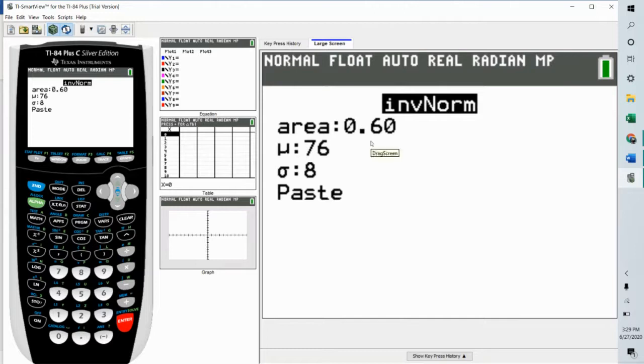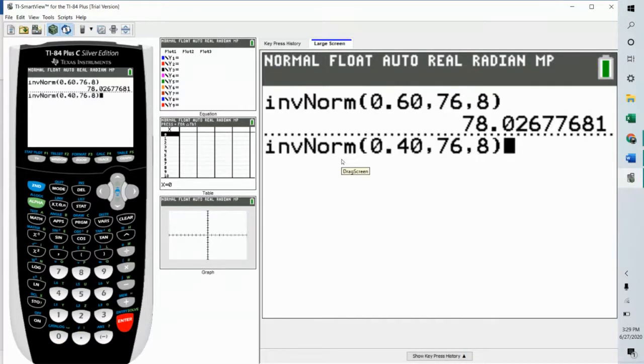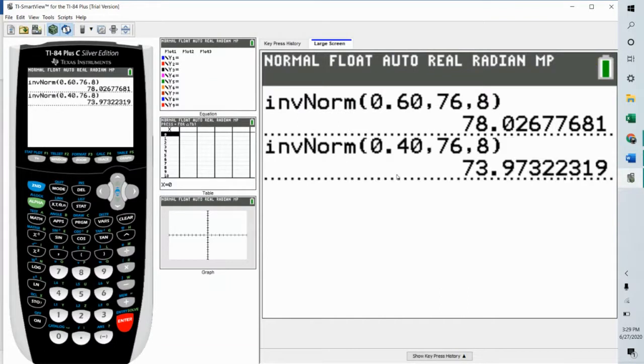Instead of 60, we'd have 40. Keeping the mean and the standard deviation the same, we get approximately 74. I said that wrong, 40% of the people are above the value of 74. So if this was a test, 40% of the people got above a 74.